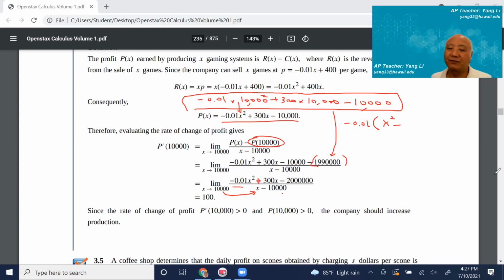So you can see you have 30,000 x, like this. Why? Because you can get it back. It's negative 0.01 times this one, you will get 300, okay?